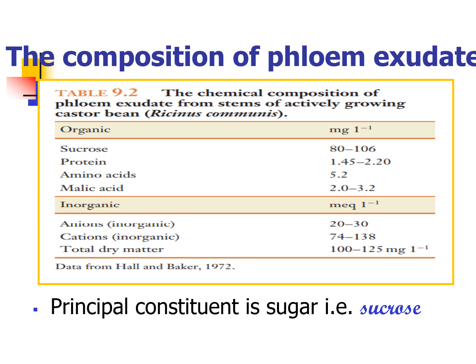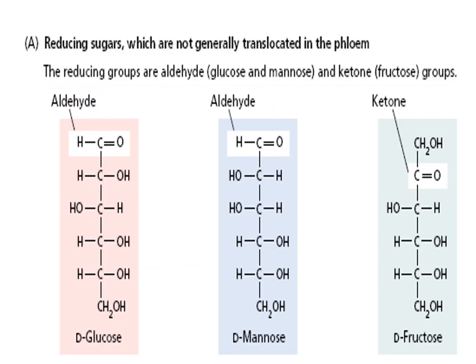Most researchers believe that the non-reducing sugars, like sucrose, are the principal compounds translocated in the phloem because they are less reactive than their reducing counterparts. Thus, reducing sugars like glucose, mannose, and fructose are generally not translocated in the phloem.